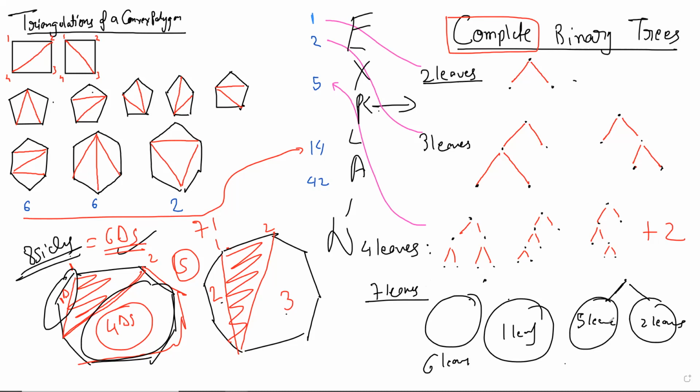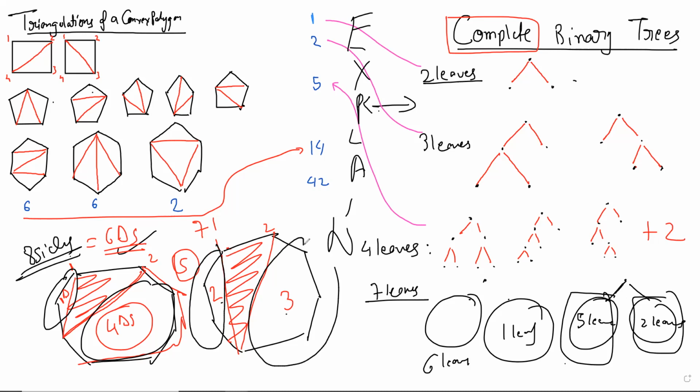So just like depending on the left subtree and the right subtree, how many leaves they will have, we can do casework on that. Here also, left quadrilateral and right quadrilateral, how many triangles we'll have. So the way in which it breaks down to smaller cases is the same.